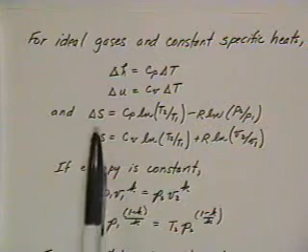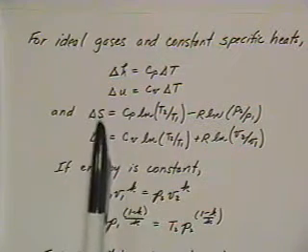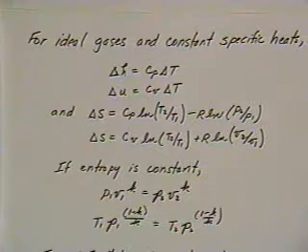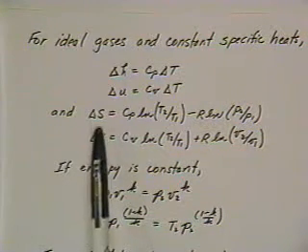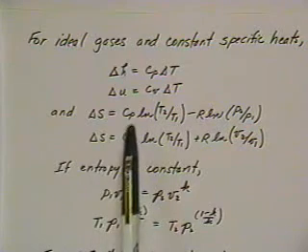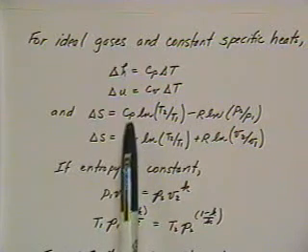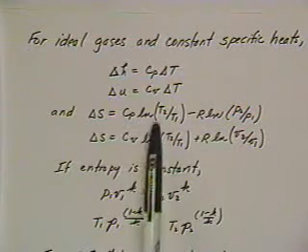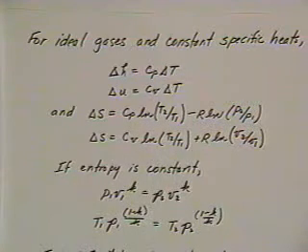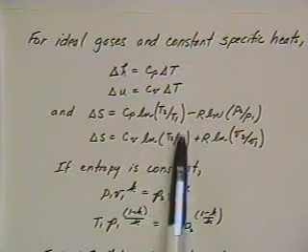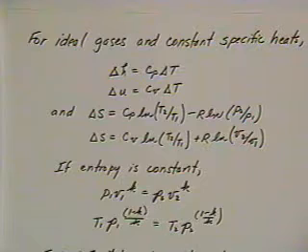And then we've got a couple of ideal gas relations here that deal with changes in entropy that come out of the second law. Delta s, or change in entropy, s2 minus s1, is the constant pressure specific heat Cp times the natural log of T2 over T1 minus R natural log P2 over P1. There are two different expressions here that can be used for changes in entropy. Be familiar with both of them.